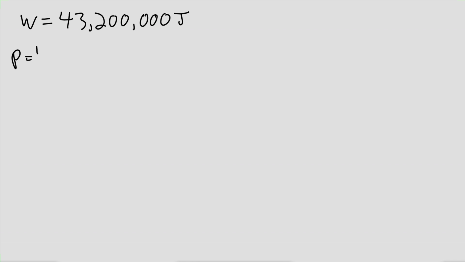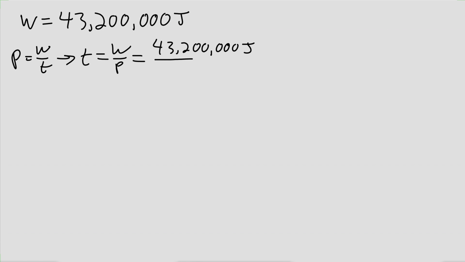And we know that power is work over time, and therefore time is work over power, which means 43,200,000 joules divided by our 10-watt light bulb.